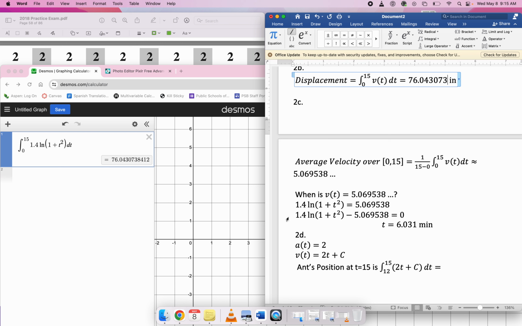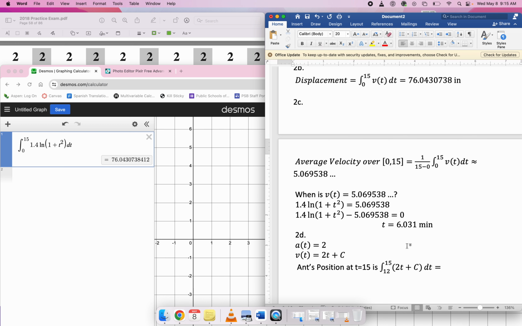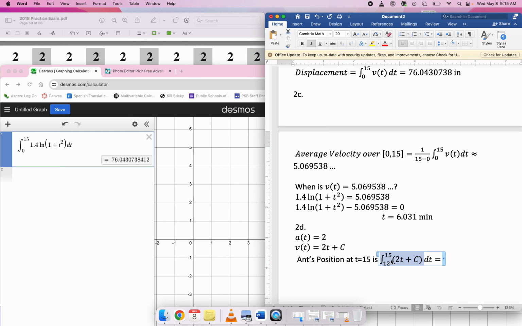Okay, that should be enough. So basically the ant's displacement needs to be the same as the snail's displacement, right? The ant's displacement over the minutes from 12 to 15 should be the same as the displacement of the snail over the course of the entire 15 minutes. So this integral needs to come out to be 76.04307338.